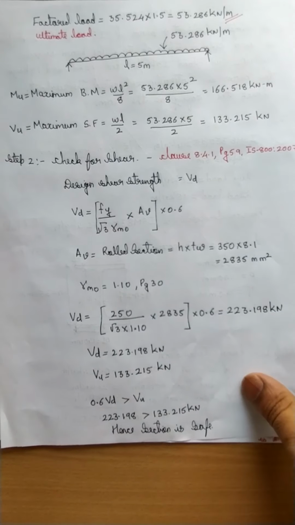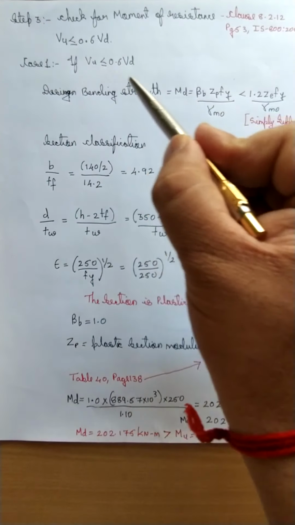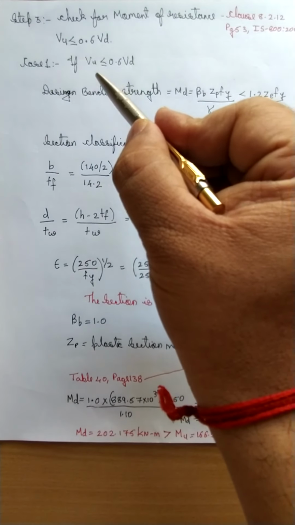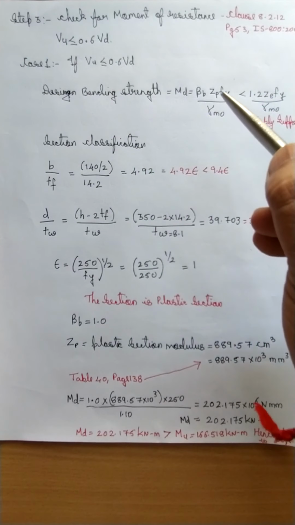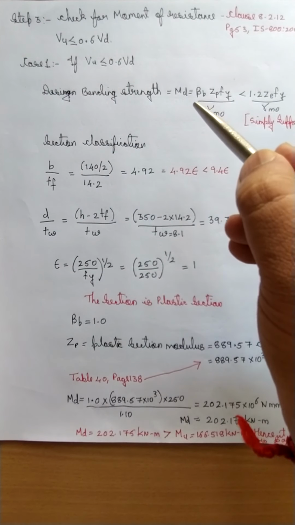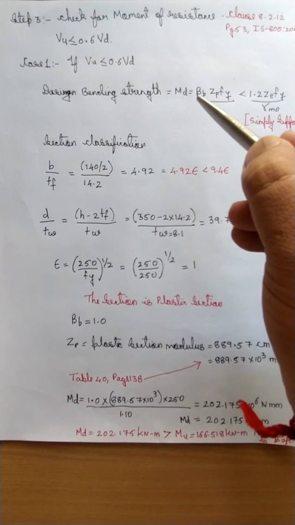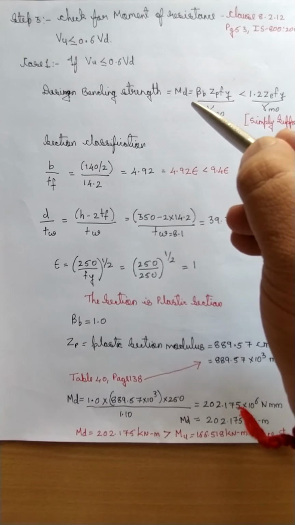Then we started with the moment of resistance of the beam. As we already concluded in the check for shear that VU is less than 0.6 VD, it is case 1. So for the condition VU less than or equal to 0.6 VD, this is the formula to be used. In this we need to calculate beta B. To get beta B, we need the section classification.